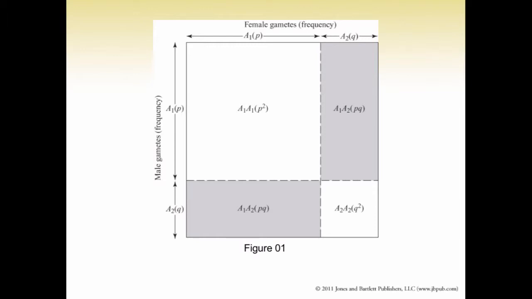But the frequency in the population may differ from that. And there's going to be male and female gametes. They're going to come together, and they're going to give offspring of one of 3 different genotypes. Homozygous for either allele or heterozygotes. And you can get the heterozygotes in 2 different ways. Allele 1 from either the mother or father, and allele 2 from the mother or father.